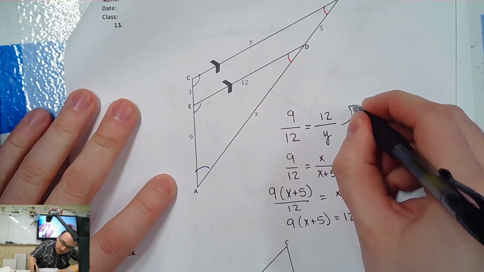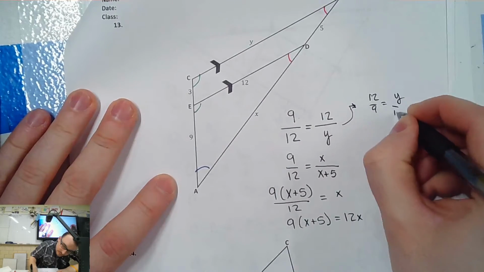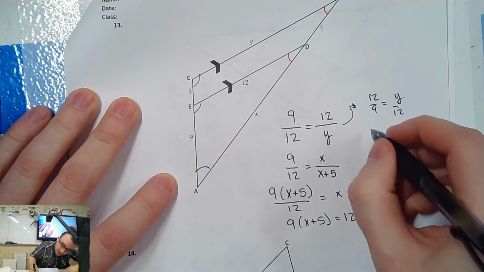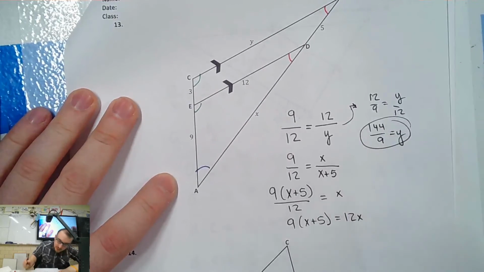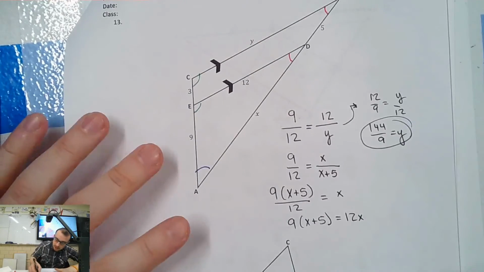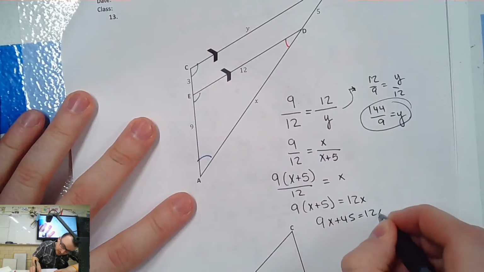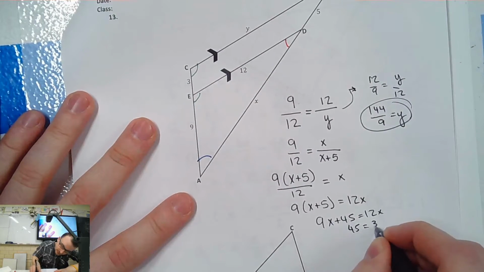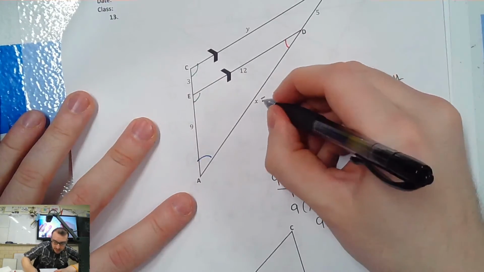So this guy would flip. And I would multiply by 12 on both sides, so I get 144 over 9 equals y. Don't simplify, don't care. And then this is 9x plus 45 equals 12x. So when I subtract, I get 3x, and if I divide by 3, x is 15. So it turns out this is 15.